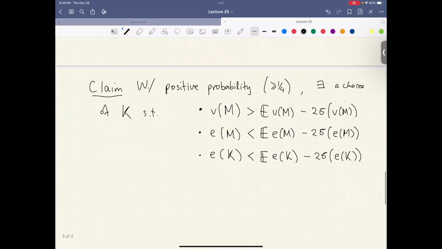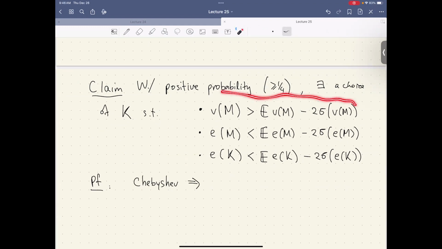The proof of this is easy. Remember, by Chebyshev, for any random variable, the probability that it deviates from its mean by less than 2 standard deviations is at least 3/4, right?